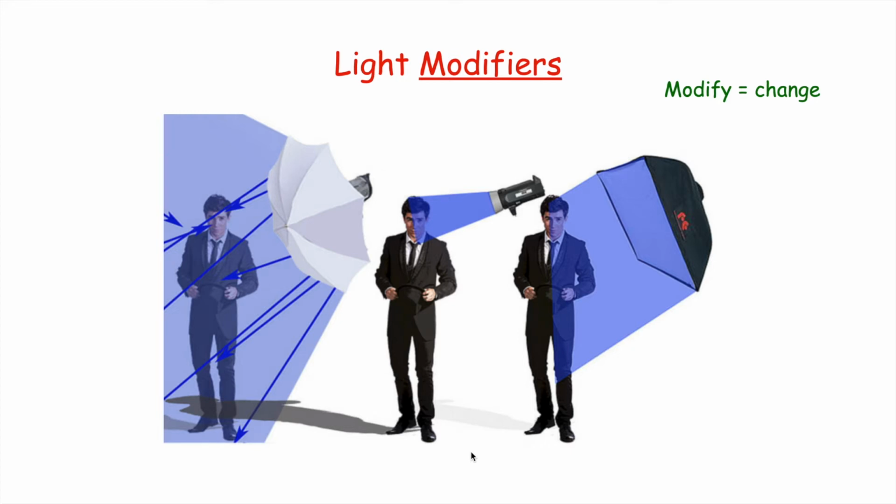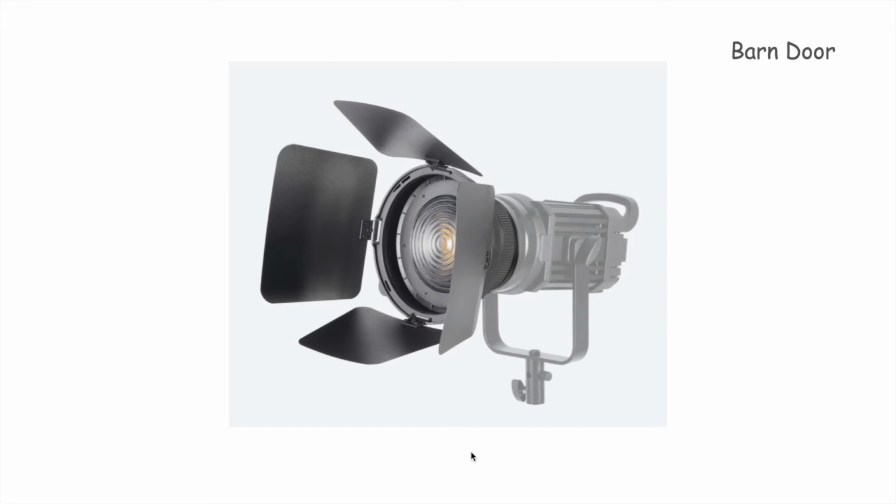I'm going to go through a range of light modifiers today and talk about why they're used, the positives and the negatives, and then we'll have a quick activity at the end. One of the first ones is a barn door. You might have seen barn doors in plays, theatre, and cinema.